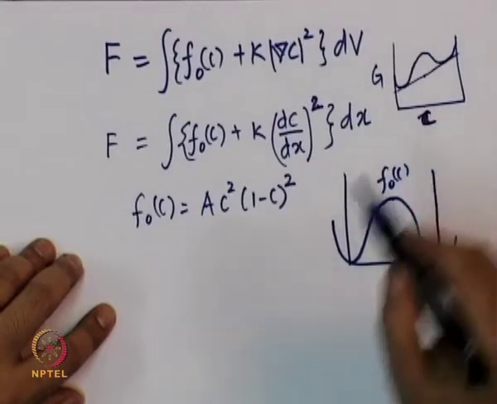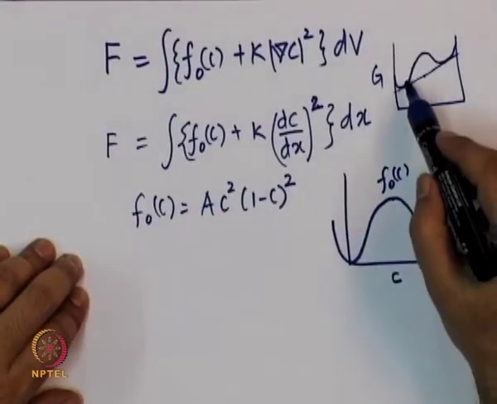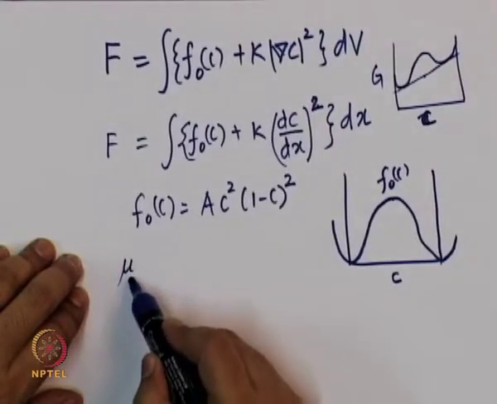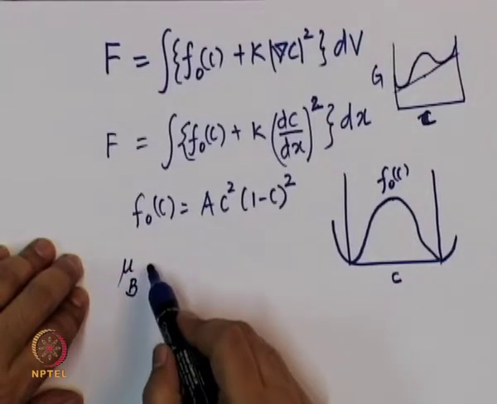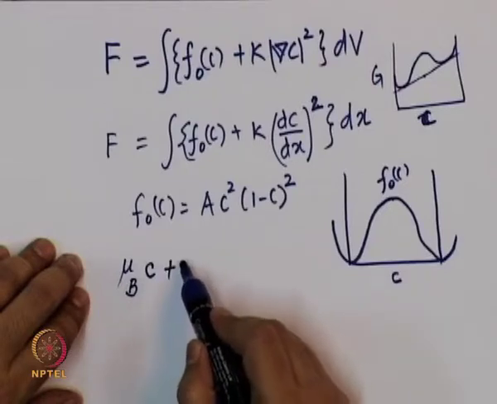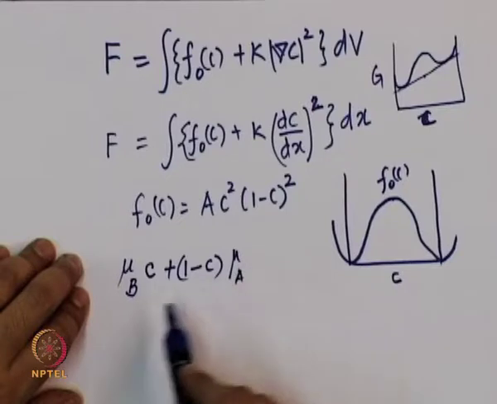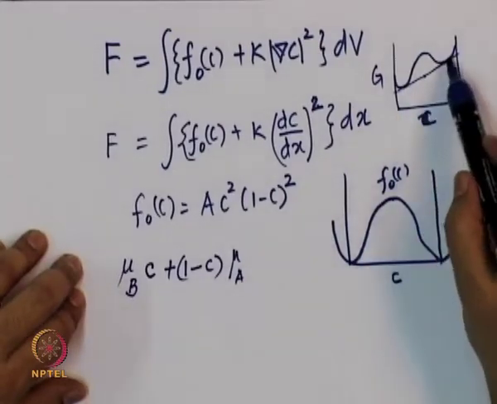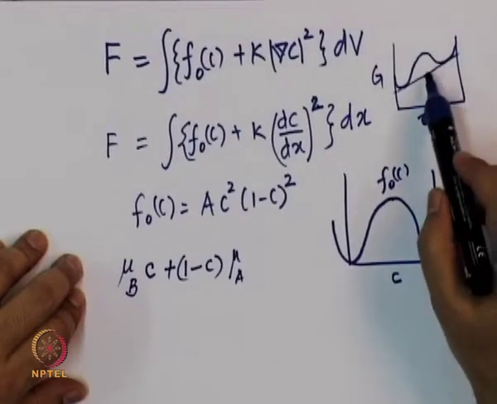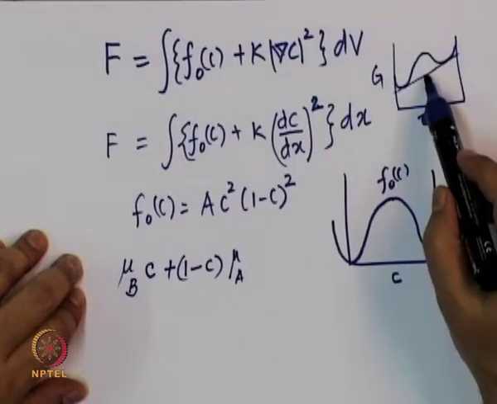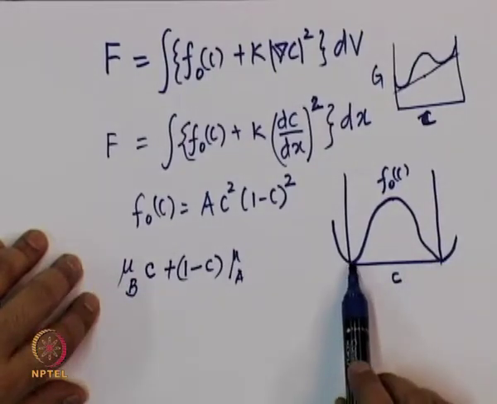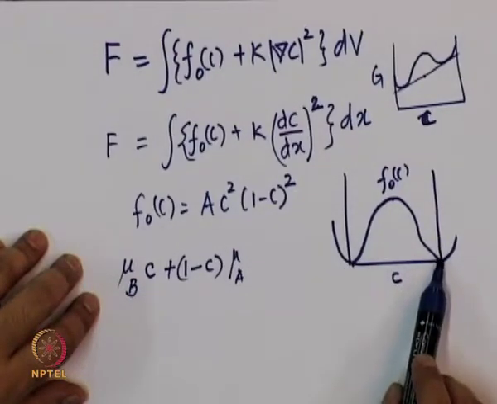Suppose you take some composition c, then the free energy for the mechanical mixture is nothing but mu B times c plus (1 minus c) times mu A, where c is the composition of B. So, this is the mechanical mixture free energy where interfacial energy is not accounted for. Now, in our case it so happens that c is 0 and c is 1.